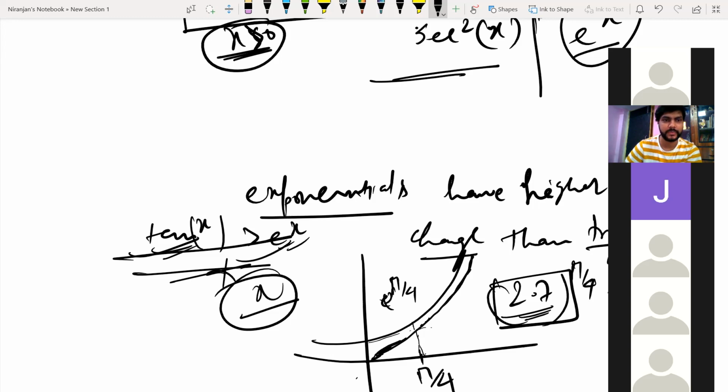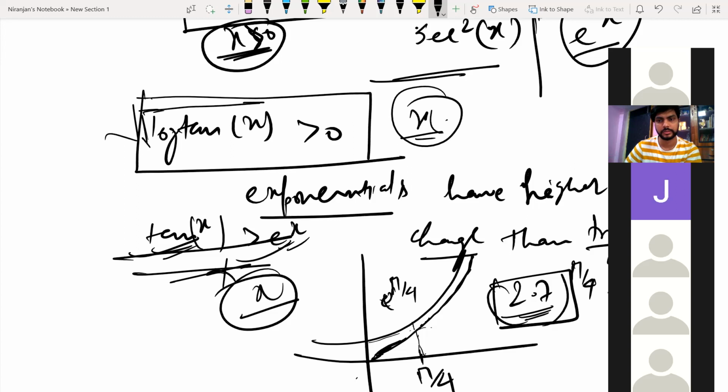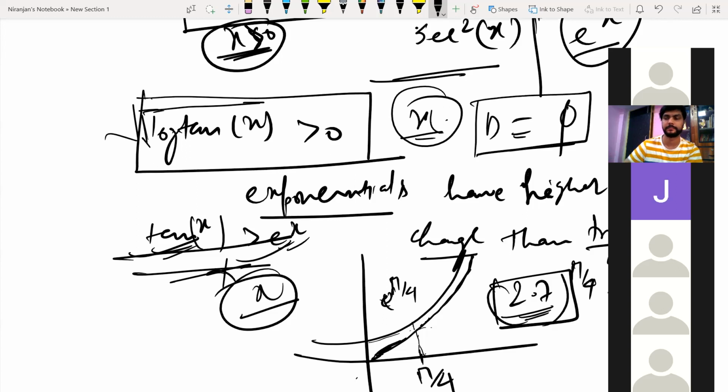So that's why there is no such value for which log tan x is going to be greater than 0. That's why, I mean, the square root of this. So I think this should be 5, right?